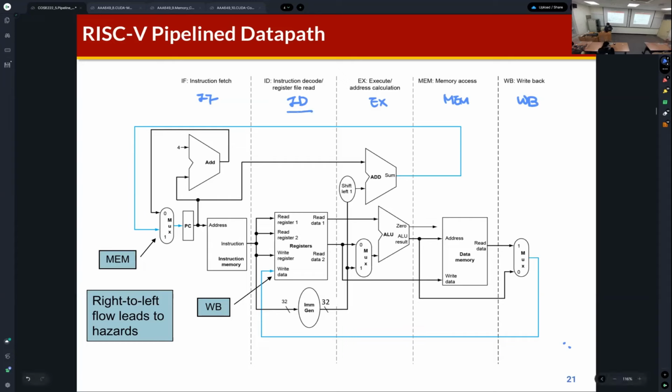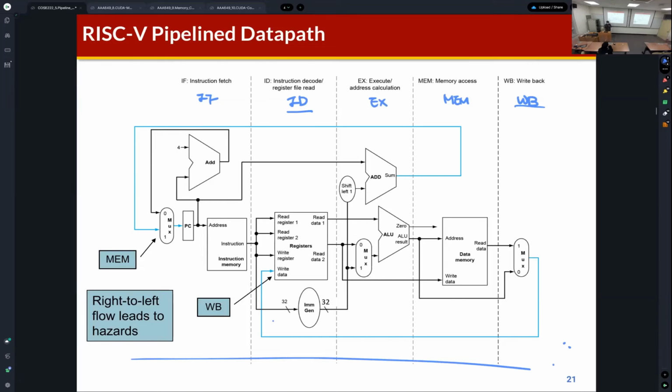And then during instruction decoding, the operands are read from the register file, and the instructions are decoded. Then during the EX stage, using the operands, the ALU performs the required operation. During the memory stage, load word or store word accesses the data memory. And then during write back, the result is written back to the register file, right?